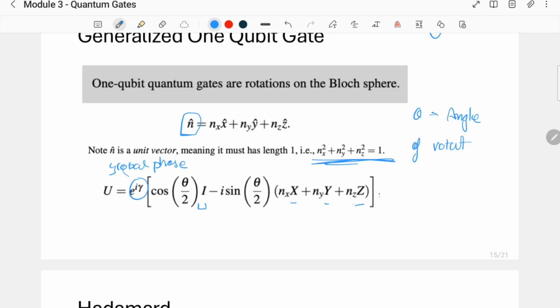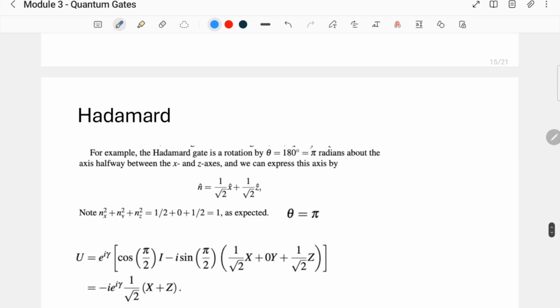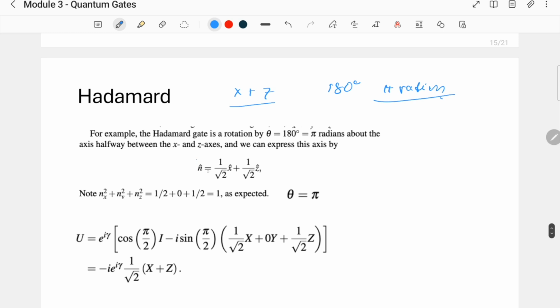So by what angle do we rotate a particular quantum state? For example, the Hadamard gate, we know it rotates along the x plus z axis by 180 degrees or pi radians. So our n is simply the axis of rotation, so we know it will be x hat plus z hat, and we rotate along this axis.